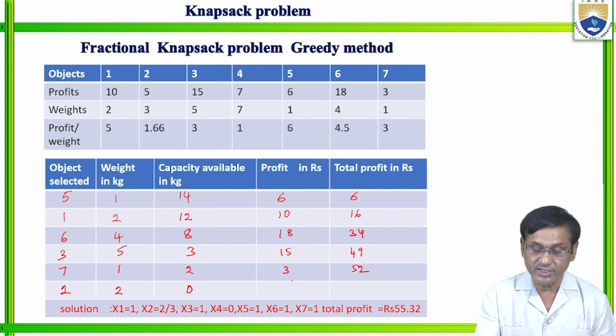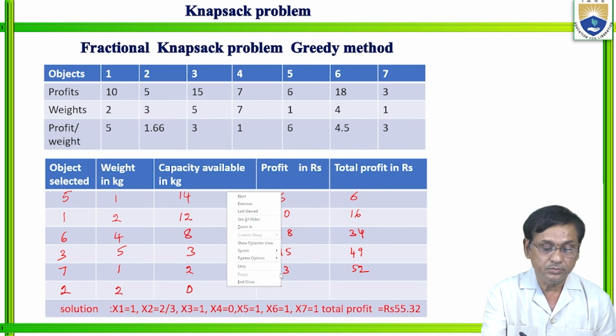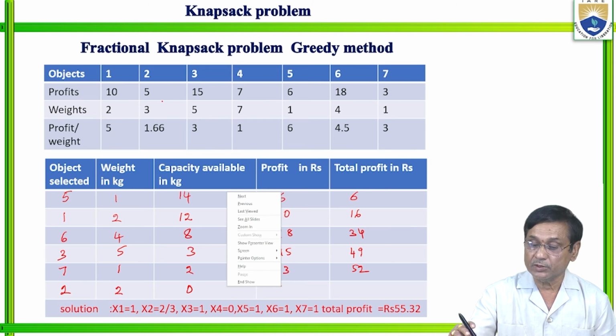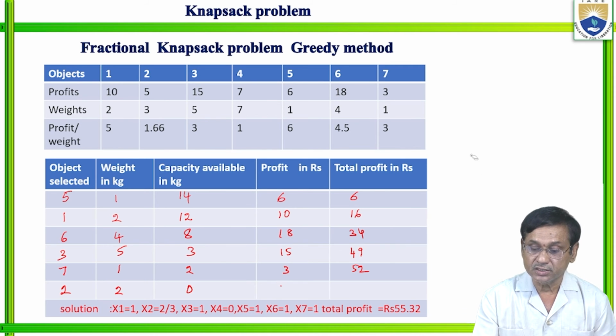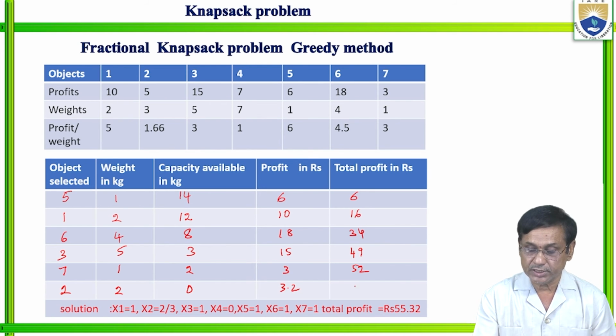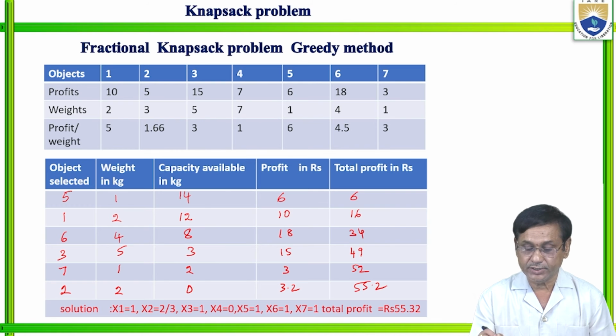The profit is 2 by 3 of the profit ratio here, so 2 into 1.66 is 3.2, and we get 55.2.